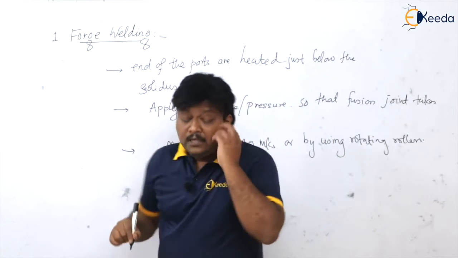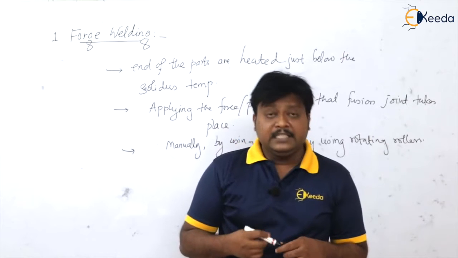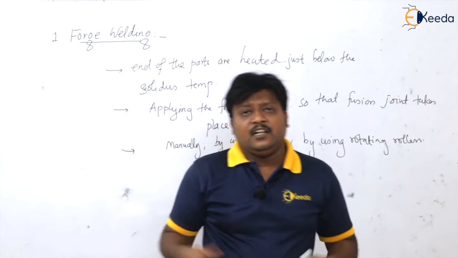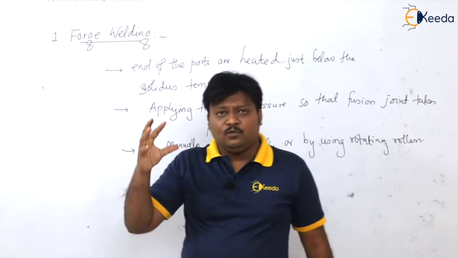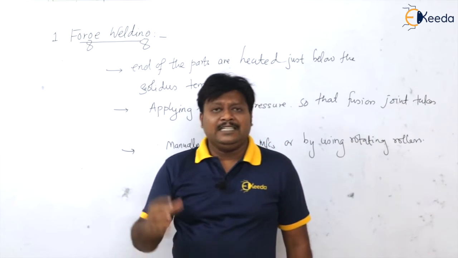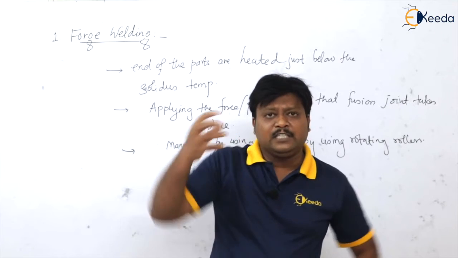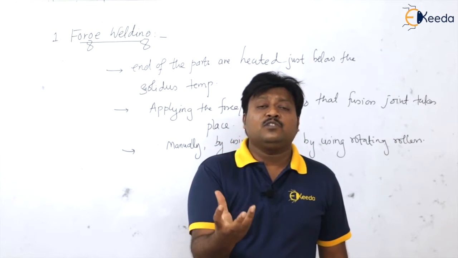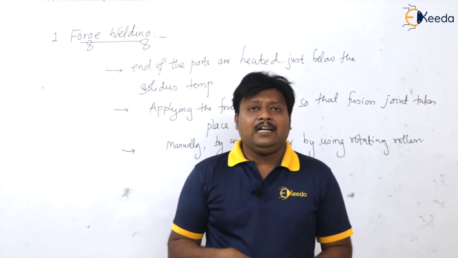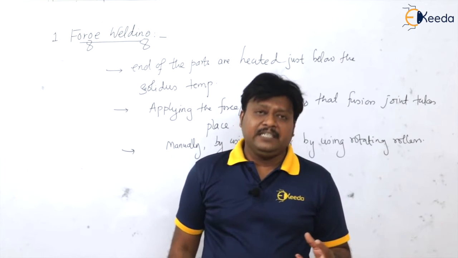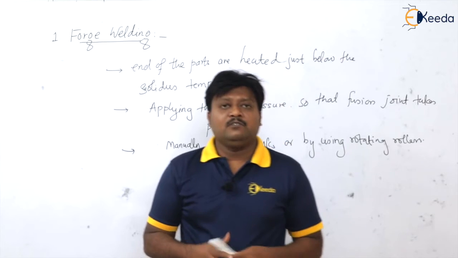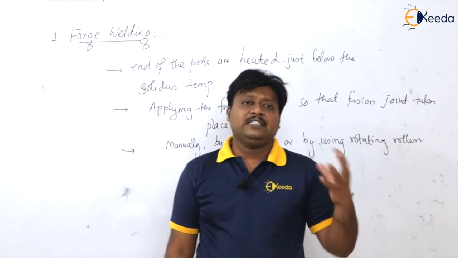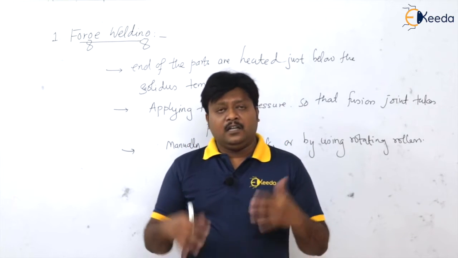Now when this material is heated, definitely a layer of iron oxide, a coating, is formed on the metal, which of course interrupts the fusion of the material. So of course we have to eliminate this layer of iron oxide.